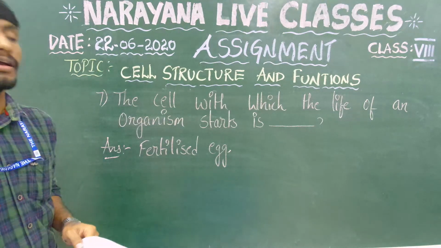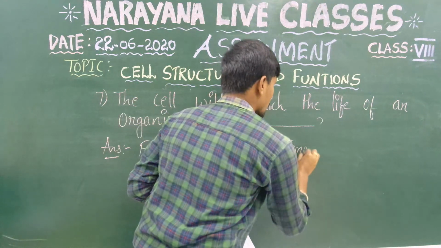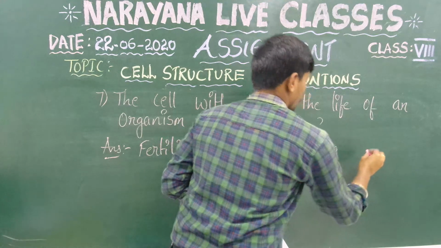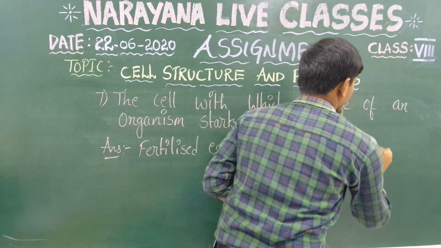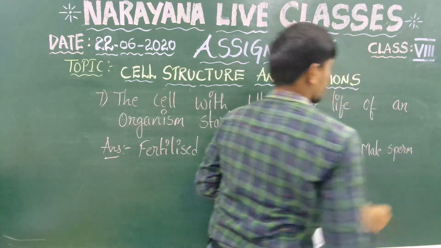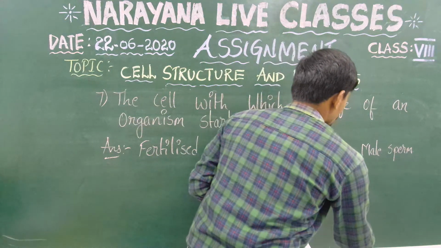What is a fertilized egg? A fertilized egg is nothing but the female egg cell and the male sperm. We are speaking in the case of humans or organisms.